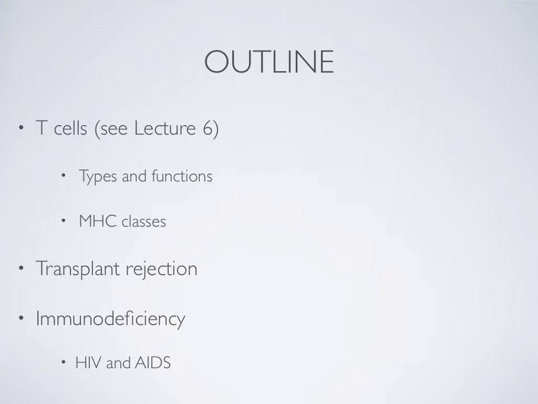And it's those MHC, major histocompatibility complex, which is how T cells recognize antigen. MHC was discovered because it was the thing that causes tissue rejection in transplantation. So we'll try to get through that and then end the class with a little bit about immunodeficiency.